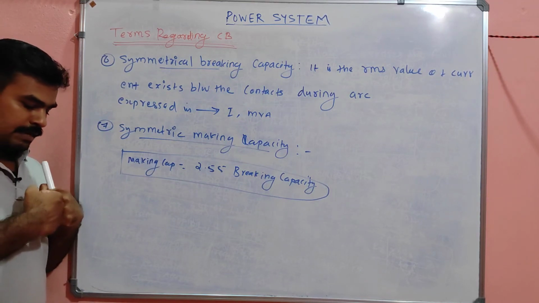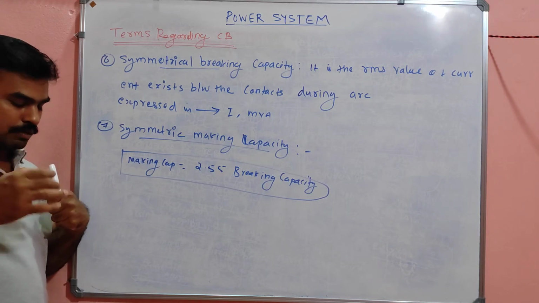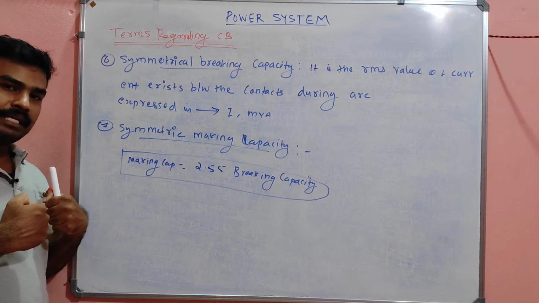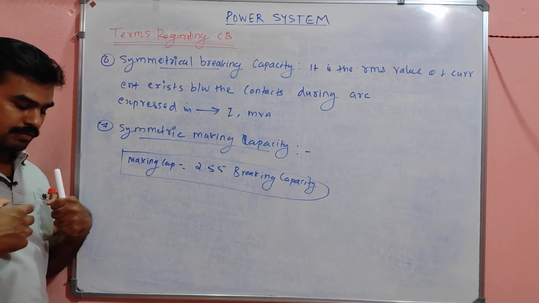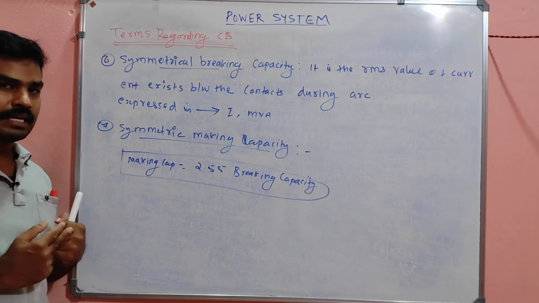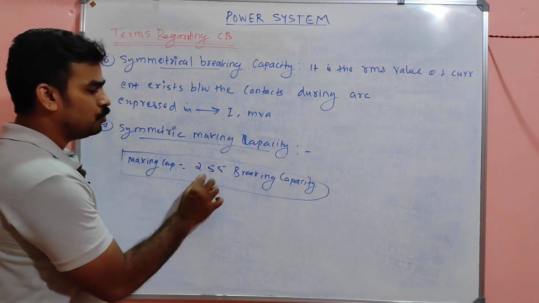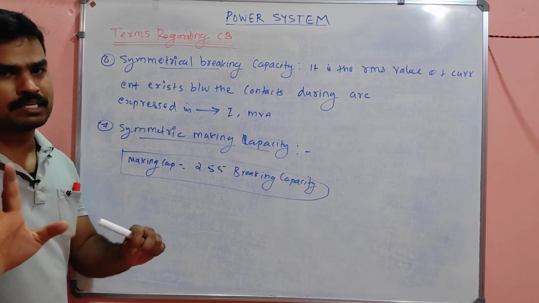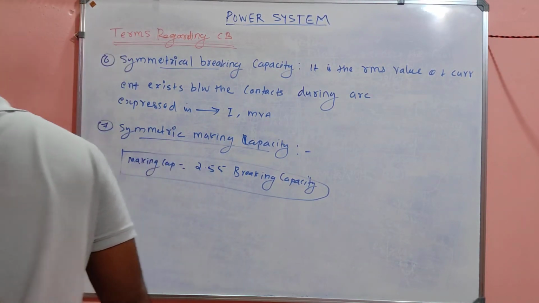During the breaking there will be an arc, there will be a small current. When the arc is completely extinguished and the fault is removed, the contacts connect again after some time. At that instant of connection there will be a huge current flowing in the circuit. That current will be 2.55 times the breaking current, greater than the arcing current. Simple. So making current will be 2.55 times the breaking current.